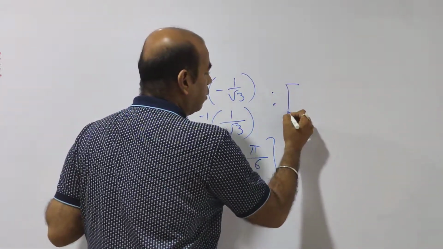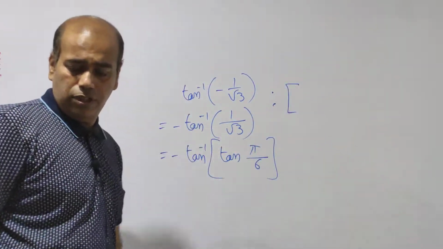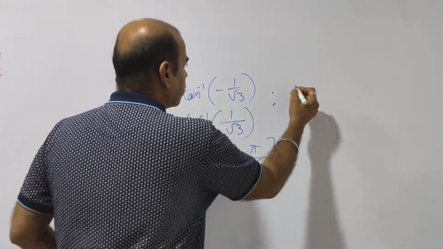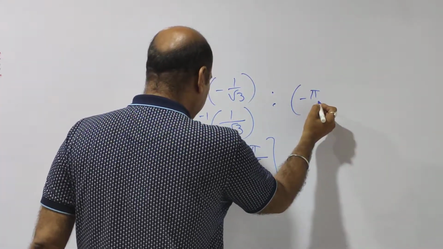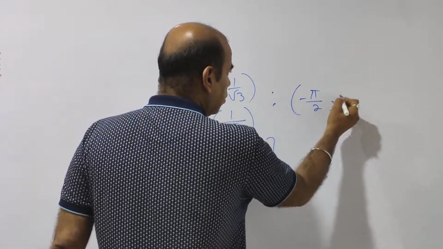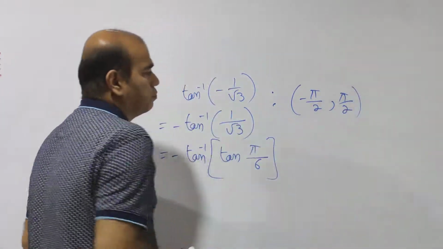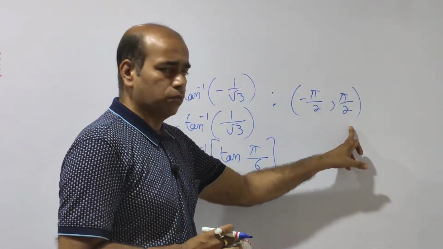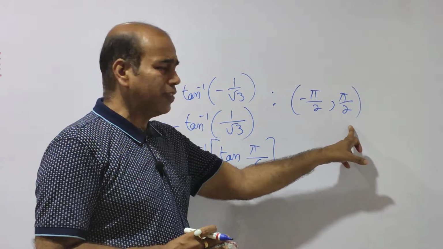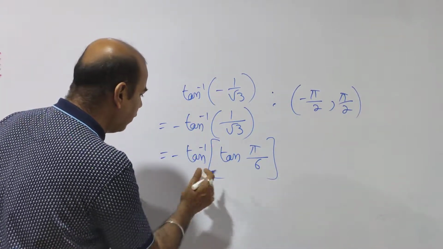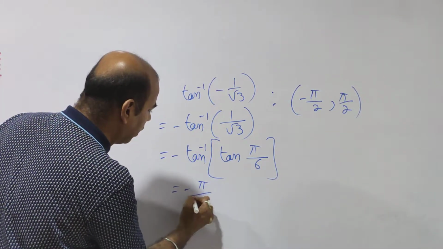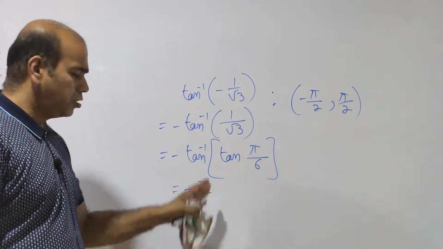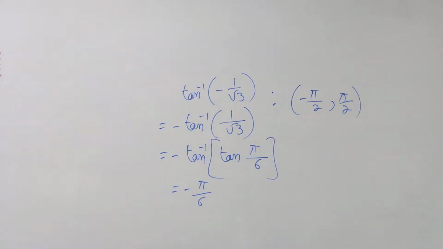The range of tan inverse is not a closed interval, it is the open interval minus pi by 2 to pi by 2. So if I remove tan inverse and tan, I get minus pi by 6. I hope this is clear, students. This is very simple and easy.